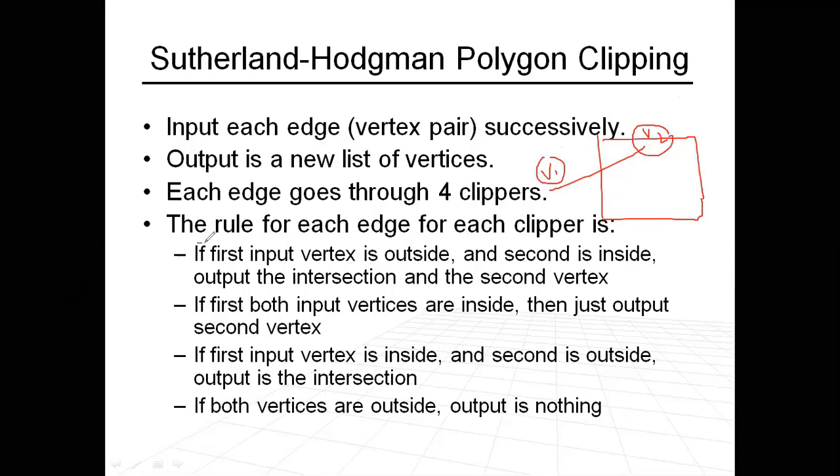So what are the rules that you have to follow to perform the clipping using the Sutherland Hodgman polygon clipping algorithm? First point says, let's draw over here. For example, this is an edge across which you have to clip. So if the first input vertex, let's say v1, is outside and the second vertex, that is v2, is inside. So this is the boundary across which we have to clip.